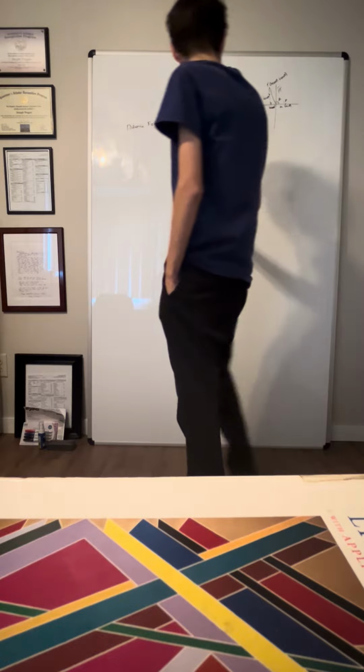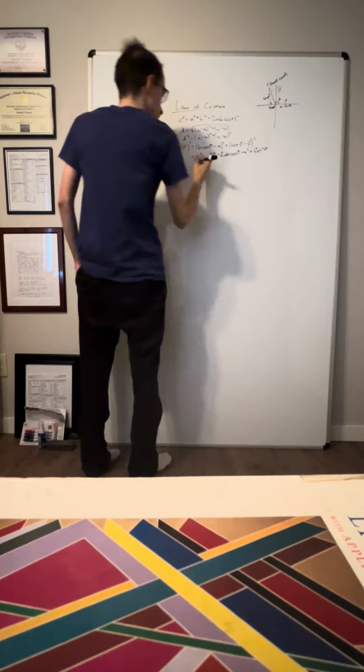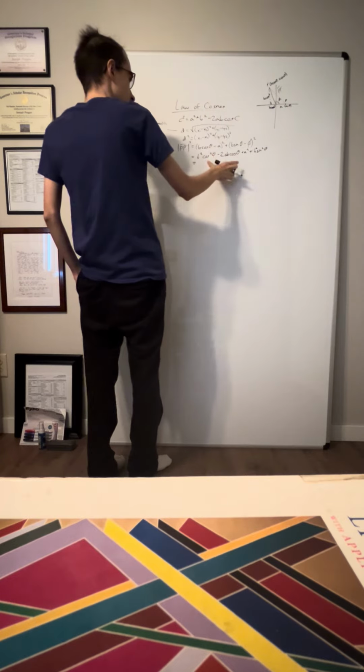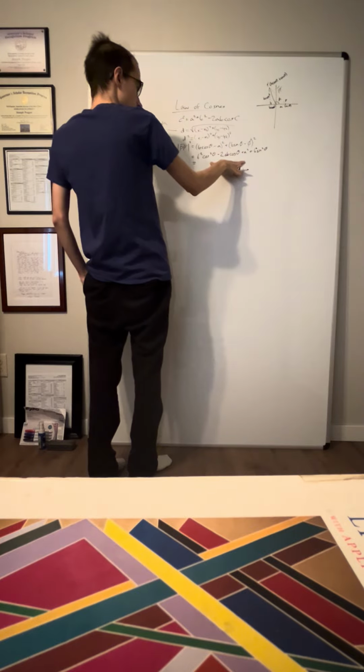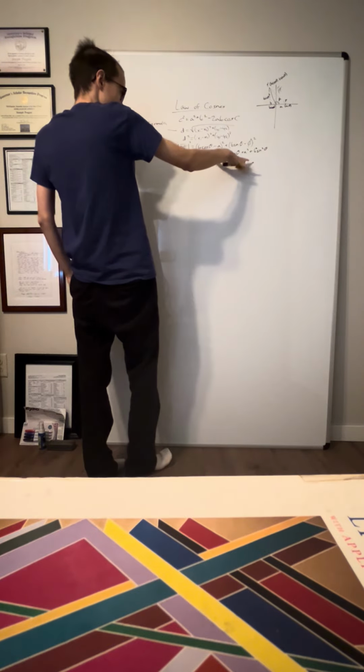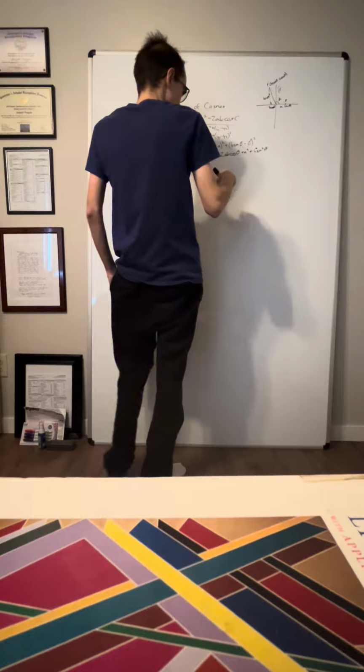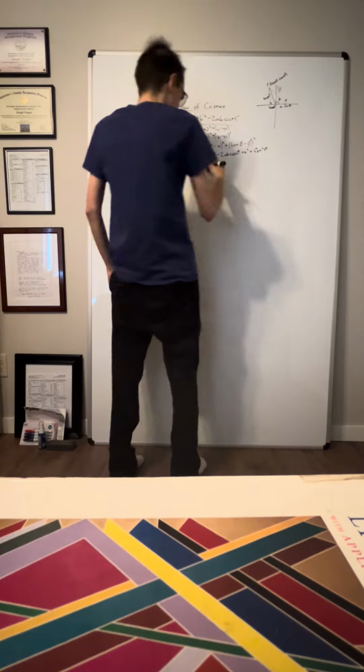That looks like it's it. Now we have two b squared pieces, so let's combine the like terms.